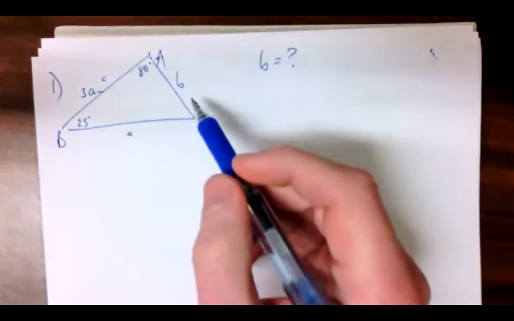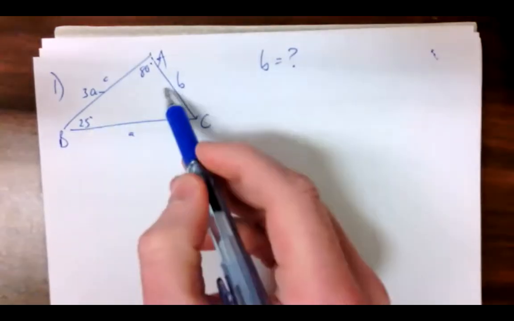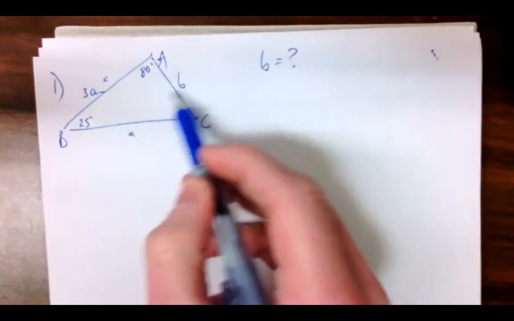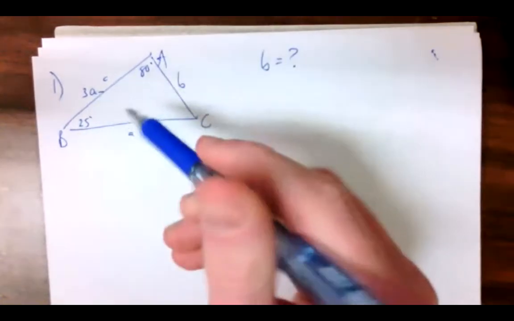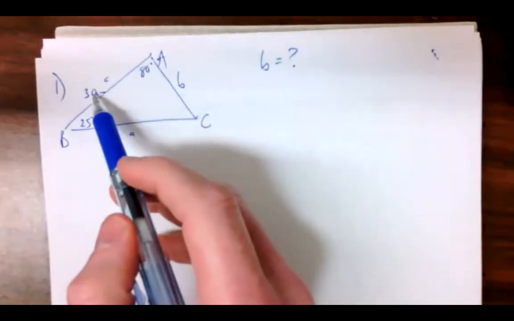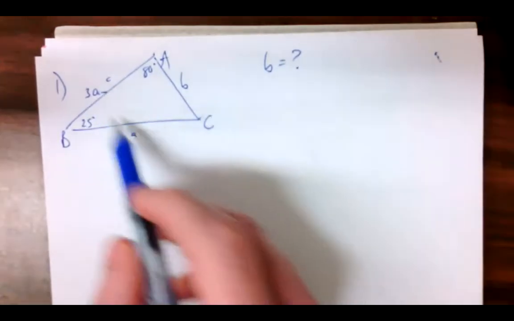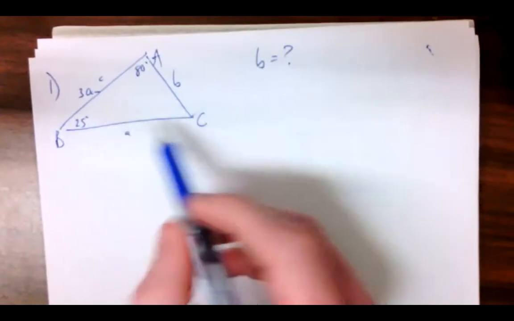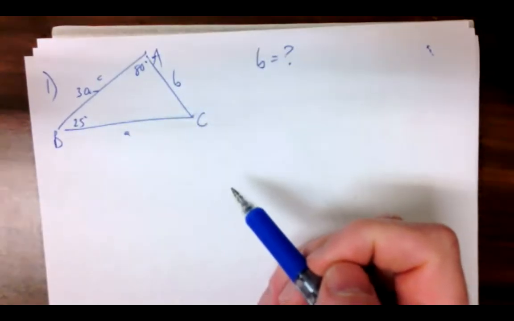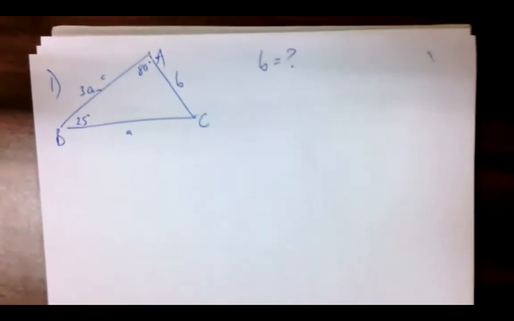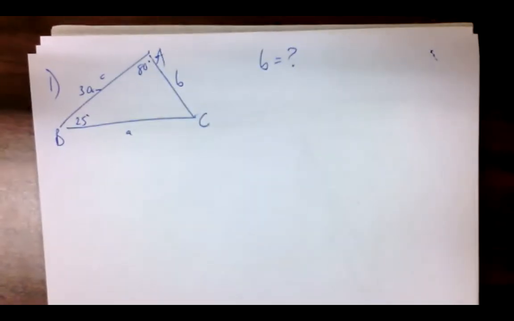Now we need two pairs. The angle B and side B, this is what we need to solve for. Now we need either angle A and side A or angle C and side C. We don't have either of those, but if you have two angles, then you can get the third angle. All three angles always add up to 180 degrees.